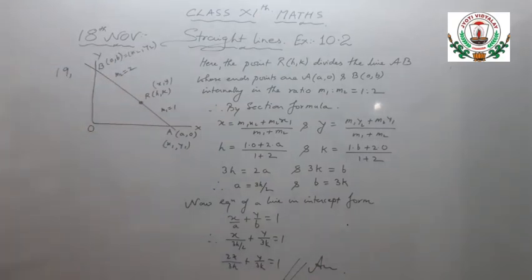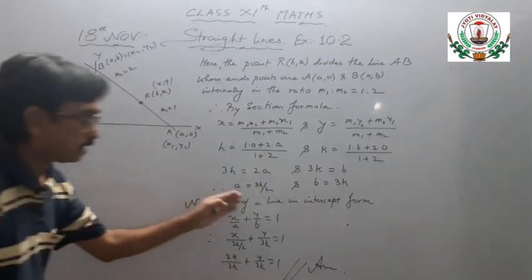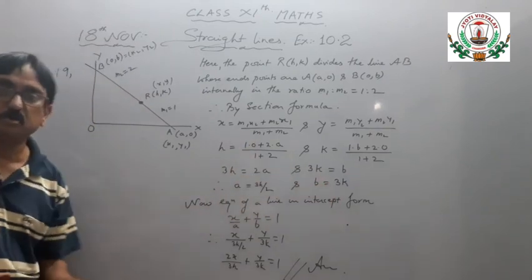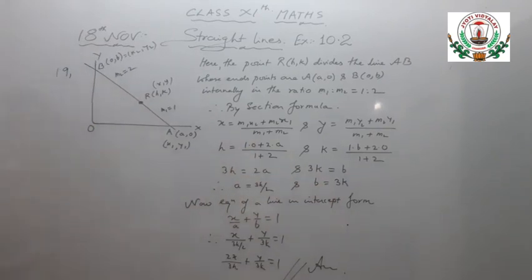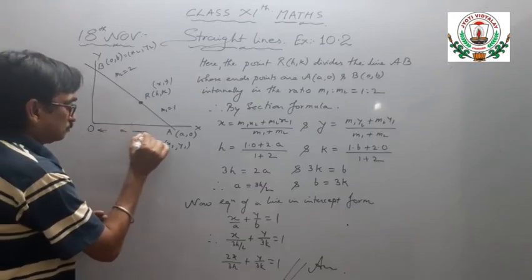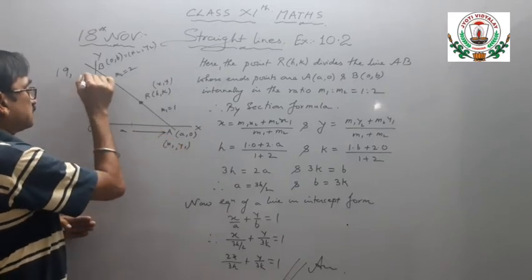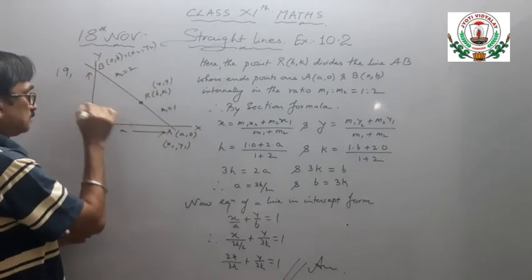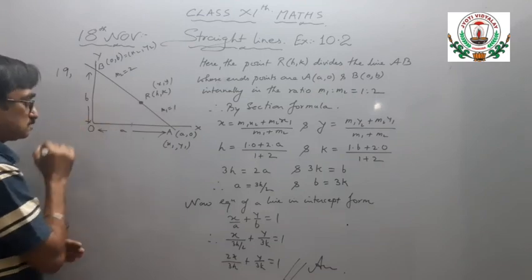As we know, after getting the value of a and b, the equation of a line in intercept form: this is the intercept cut by the line on the x-axis, and this is the intercept cut by the line AB on the y-axis, that is b.